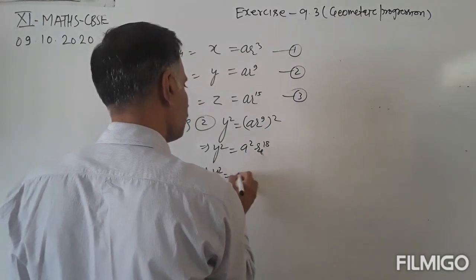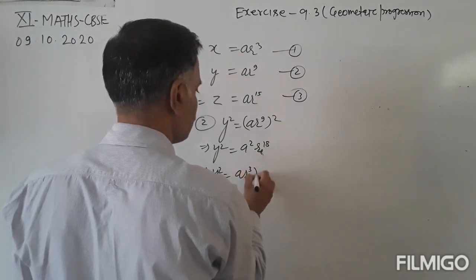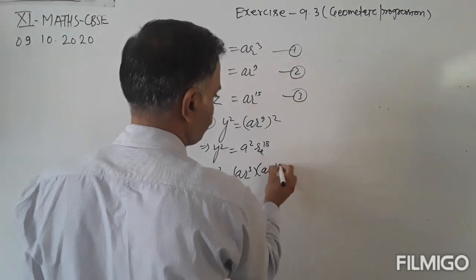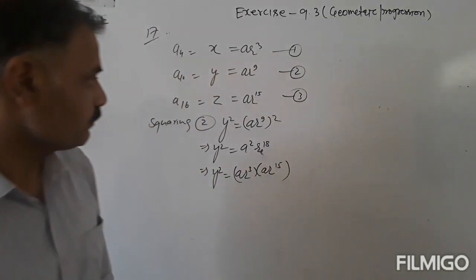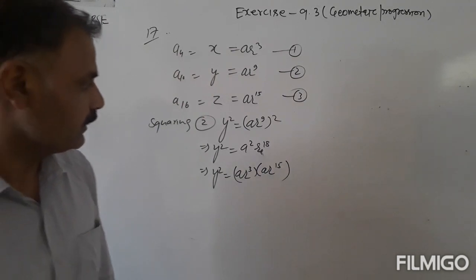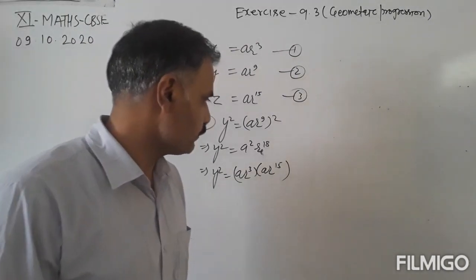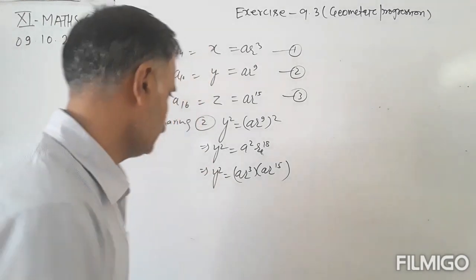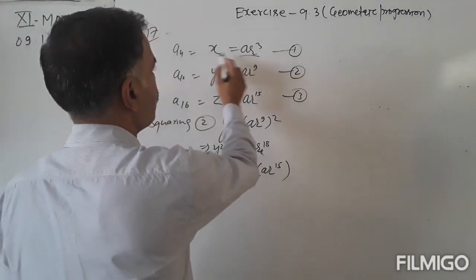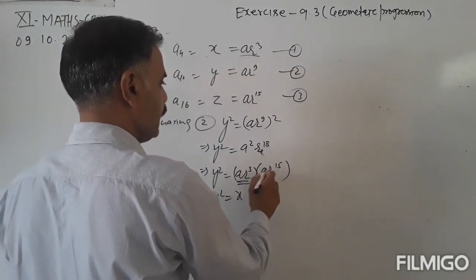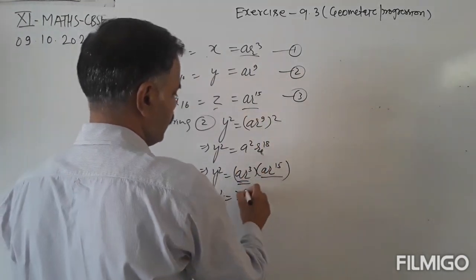Splitting a square r to the power 18 into ar to the power 3 and ar to the power 15, y square equals ar to the power 3, that is x, times ar to the power 15, that is z.